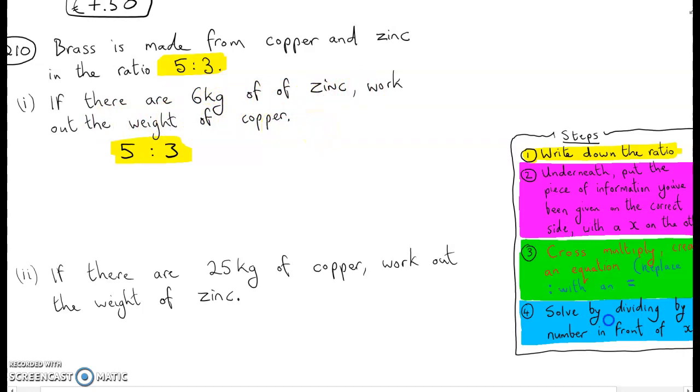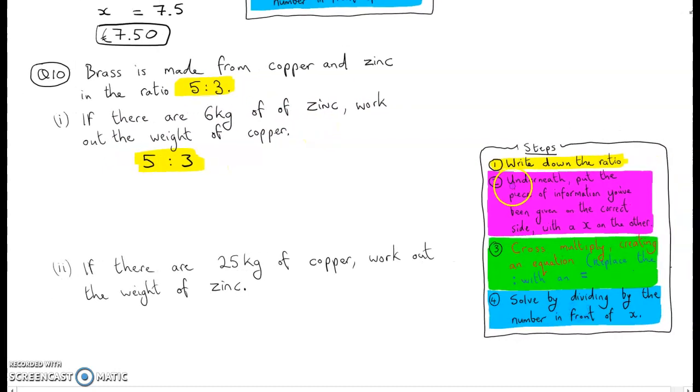Now this is where step 2 is very important, because it says underneath, put the piece of information you've been given. We've been given that it's 6 kilograms of zinc. This is what we're told in the question. So underneath one of these numbers, we'll have to write the number 6. The question is, underneath which one? So let's go back to our start here.